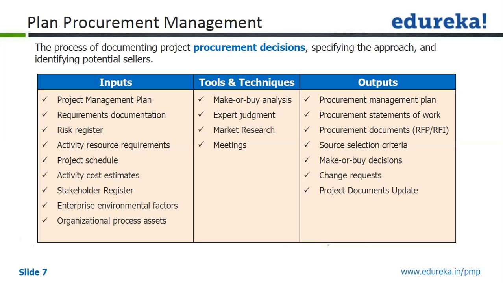Expert judgment we know anyway, but we'll see the tool and technique make or buy analysis, which will be applied to the inputs in order to come out with a procurement management plan or procurement SOW, which will become input to the performing organizations, as we saw, right?